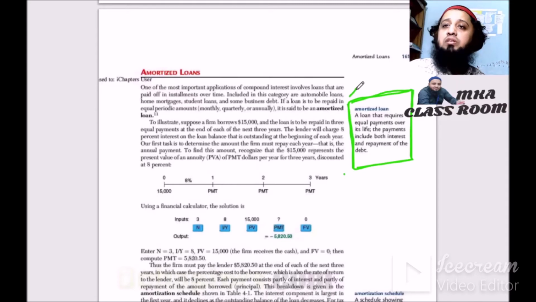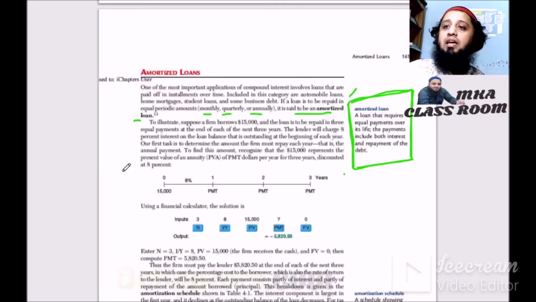These are examples of loan amortizations. If a loan is to be repaid in equal periodic amounts, it may be monthly, quarterly, annually, semi-annually, whatever you like, it is said amortization loan.